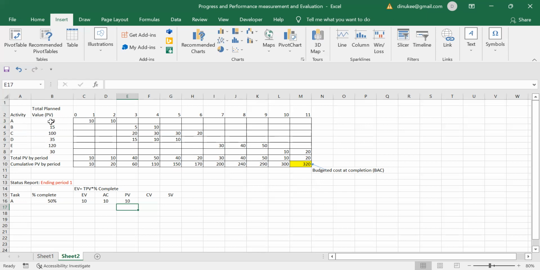Here they have given the total planned value. And now they are asking at the end of period 1, what is the planned value? So the planned value is 10.